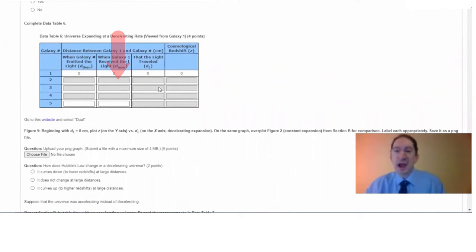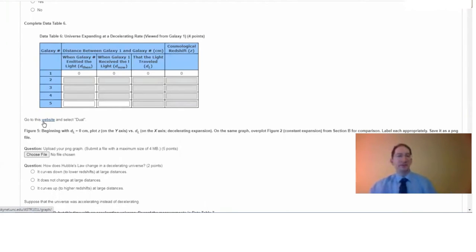And then you're going to take your measurements and move the d-thens and d-nows down to this table, calculate luminosity distances and cosmological redshifts, and then go back to the graphing website and graph Hubble's law in a decelerating universe. And again, you're going to overplot Hubble's law in a constantly expanding universe from before, just so you can compare and contrast them.